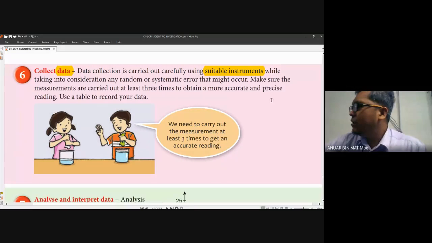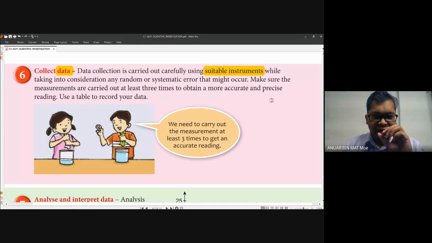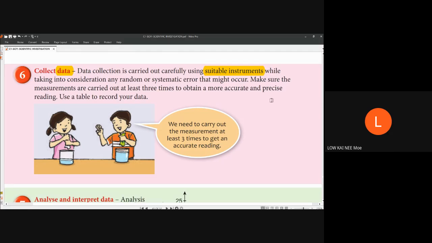We already learned in 1.4. For example, in order for you to measure the volume of water, what do you think you need? To measure the volume of water, what is it? Measuring cylinder.